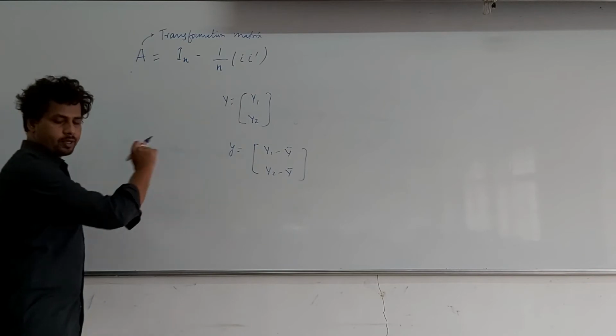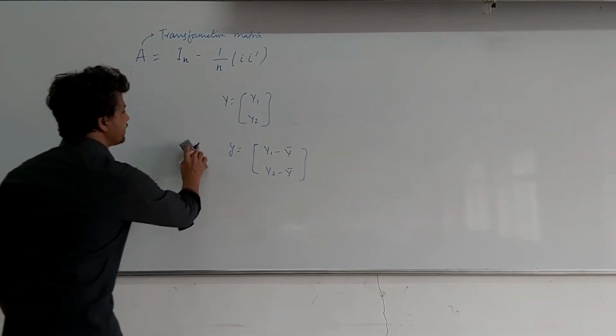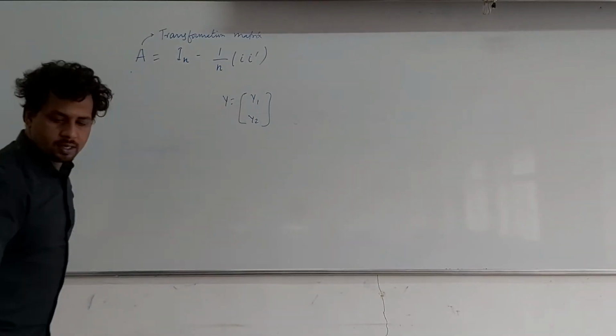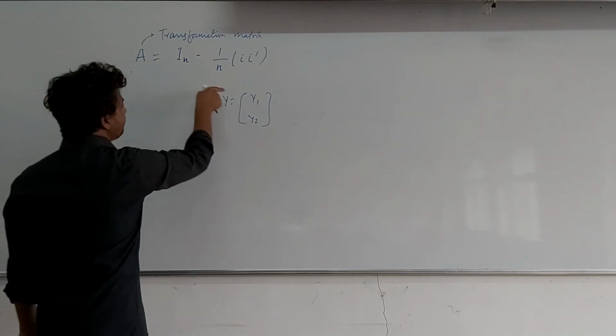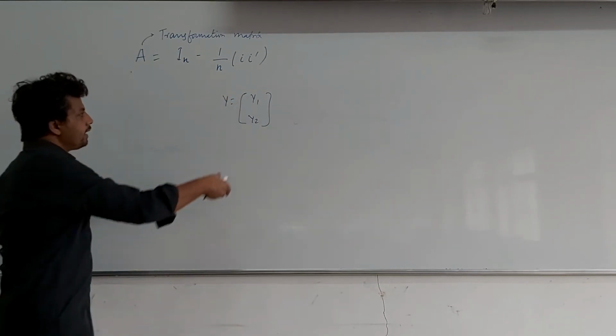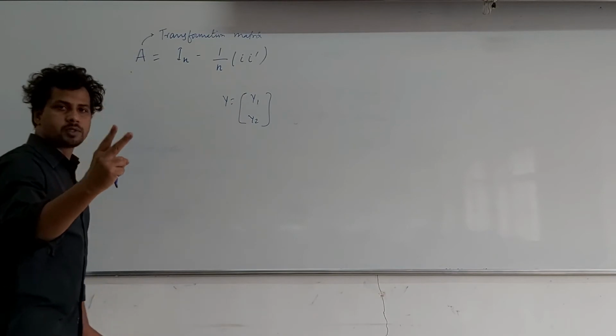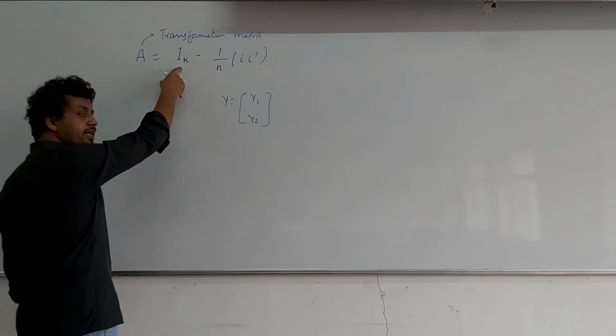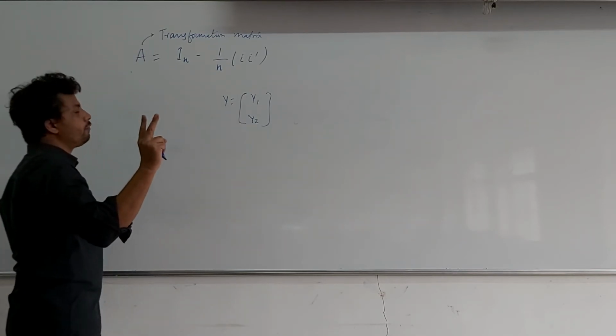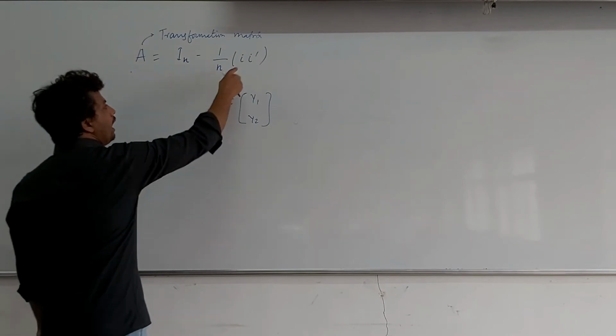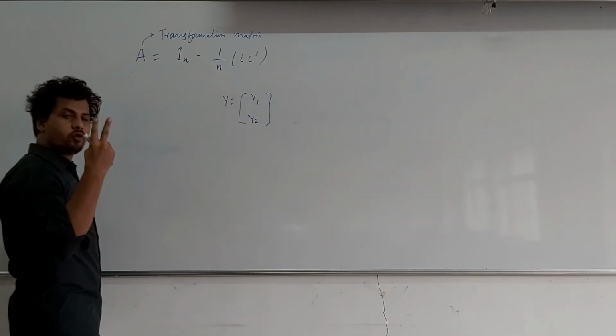Is that clear? Okay. Let us see how we express it using the transformation matrix. I will pre-multiply it by the transformation matrix. This is a column vector consisting of two observations. So I have here an identity matrix with two ones on the principal diagonal, and here I have a column vector consisting of two ones.